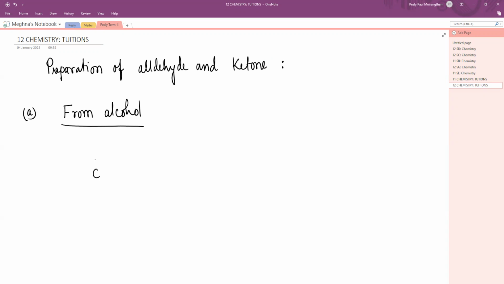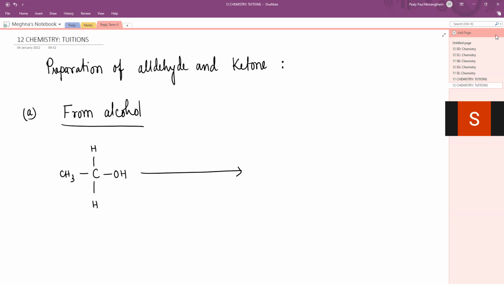Let's see how many of you could remember this one. You have to tell me, is it a primary alcohol or a secondary alcohol? The alcohol which I have written, Sujan, tell me, is it a primary alcohol or secondary alcohol?